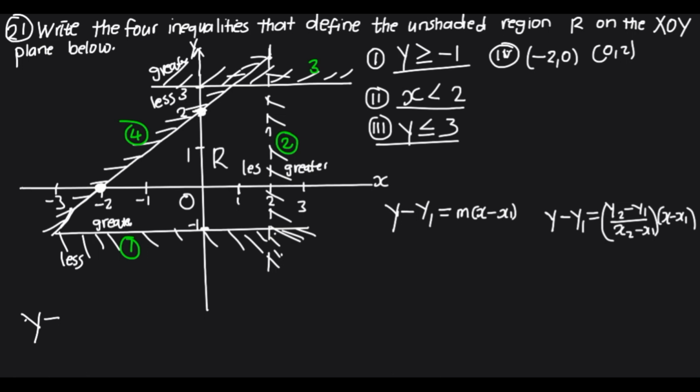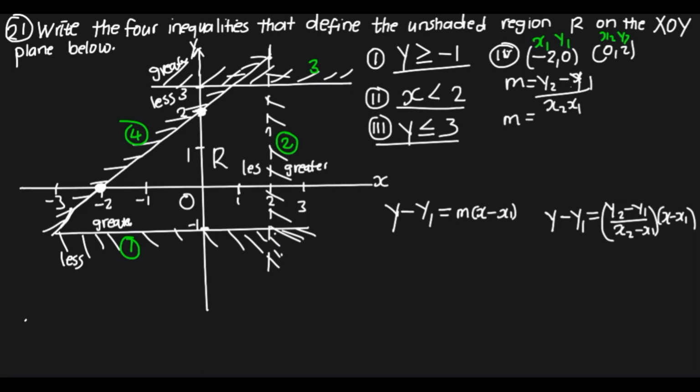Now let's find the gradient. Gradient is equal to y2 minus y1 over x2 minus x1. We'll consider this pair as x1, y1, and that one as x2, y2. So let's do the substitution.